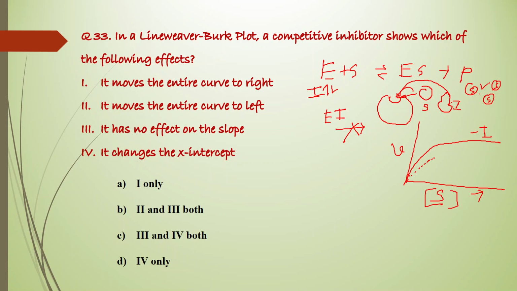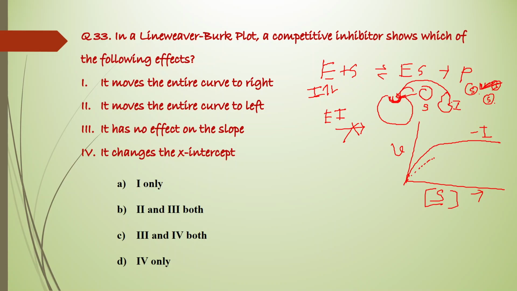As substrates are much higher in number than inhibitor, obviously by probability, more S will be able to sit in this place compared to inhibitor, because now the enzyme sees that there are more substrate molecules around than inhibitor molecules. So eventually, if you increase the concentration too much, the inhibitors will fail in the competition to bind the catalytic site, and the substrates will eventually win.